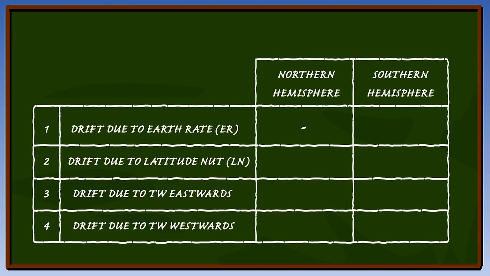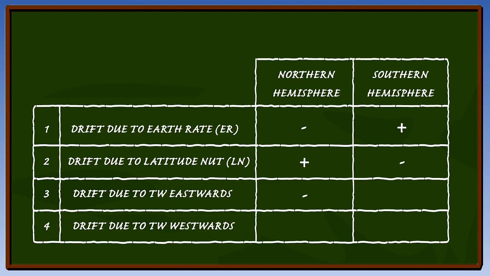If the earth rate is negative in the northern hemisphere, it will be the opposite in the southern hemisphere. So let's put a positive or plus sign in the box. The latitude nut induces real drift, which is equal and opposite to drift due to earth rate. So it must be a plus in the box here and a minus here.